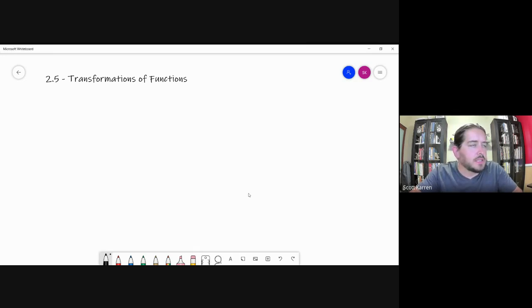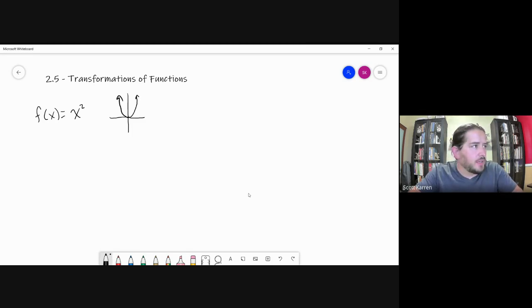So we might see something like, say, f of x equals x squared. That more or less looks like this, some sort of parabolic arc, right?